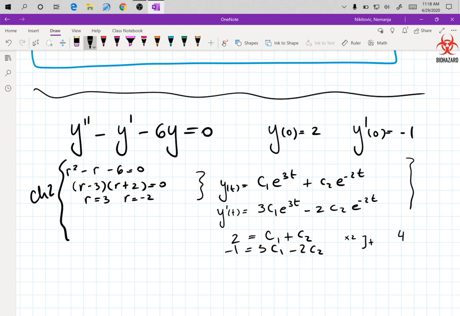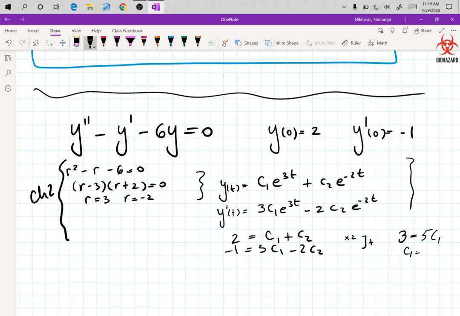I will get 4 is equal to 2 plus 3, no, 4, and then minus 1 is 3, because I'm adding at the same time. Yeah, so times 2, right? So that cancels c2. So c1, that's 2 plus 3 is 5 c1s.